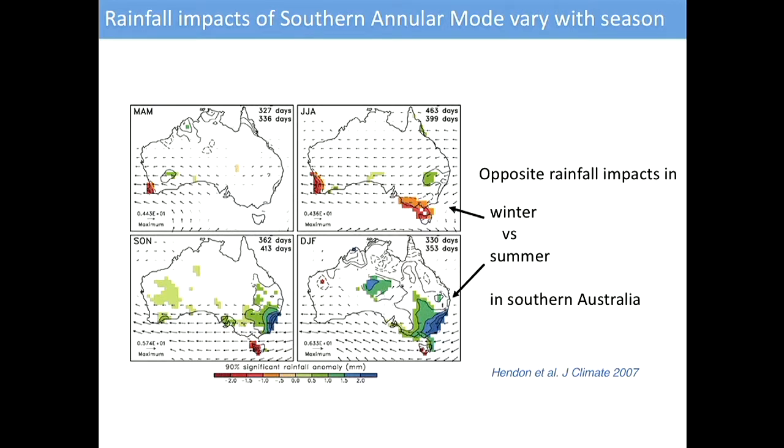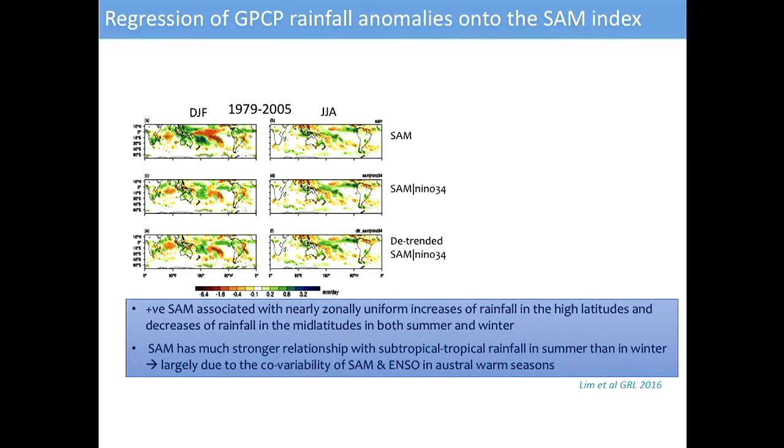So if you're looking at winter, autumn, spring and summer, you actually get drying with a positive SAM, or a poleward shift in the jet, in winter, because it takes the frontal systems away from southern Australia. So we get less rainfall in winter with a positive SAM, but then we get increased rainfall in the summer and spring seasons. So you always have to be cognizant of the season we're looking at when thinking about the impacts.